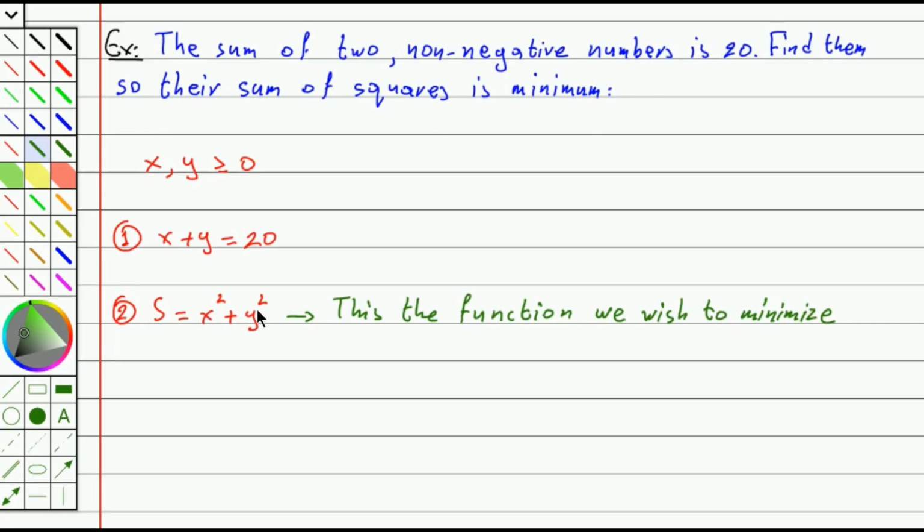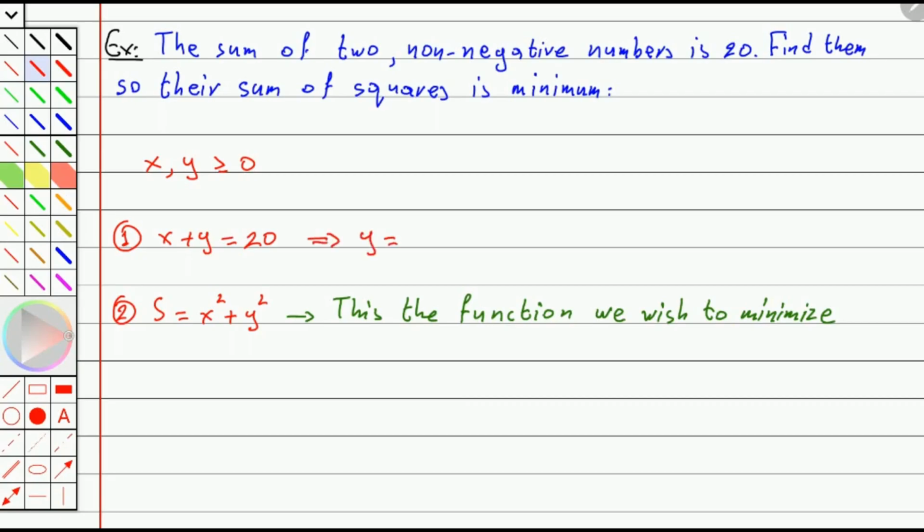We haven't done multivariable calculus in this course, nor will we do. So we will have to use this constraint and substitute it into equation 2 so that we can make the sum function a function of a single variable, not two variables. So we can take equation 1 and solve it for one of the unknowns, it doesn't matter who.